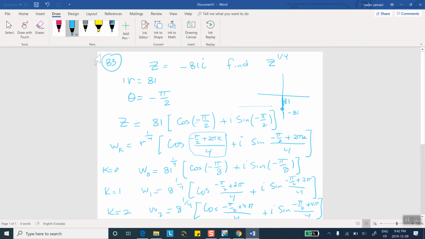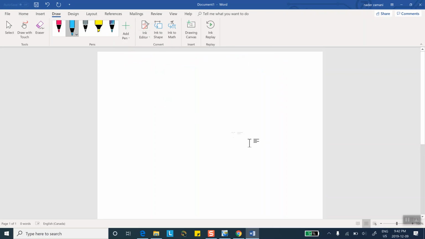Now, as for problem 91, it's the same type of problem. It says, find all solutions to this equation. Okay, let me see now. It says solve this equation. Now, it means Z to the 4 is equal to minus 1.